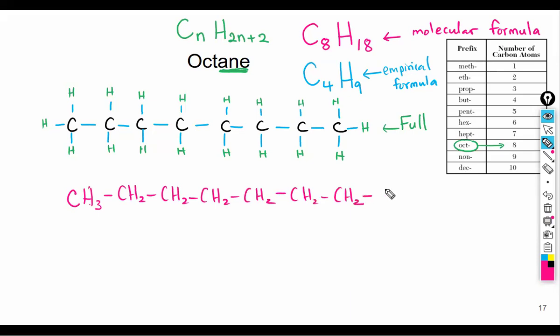And then the last one has 3 hydrogens. So this is the SSF, as some of you all are saying it, right? Shortened structural formula. How many of you got everything there correct? Of course, you can update your slides as well one time, right?